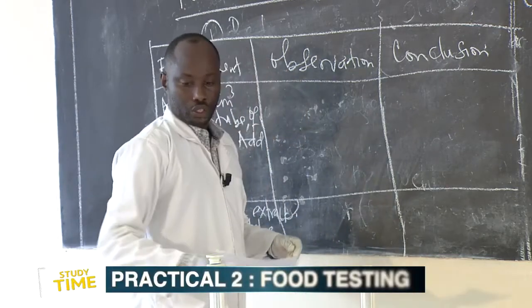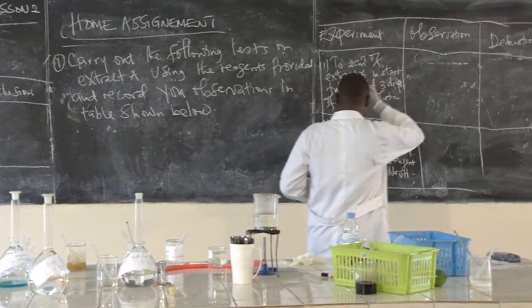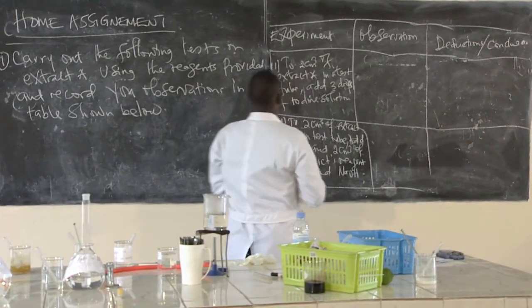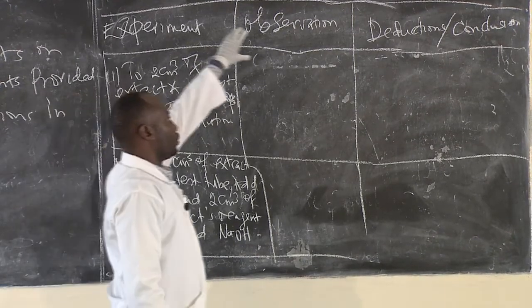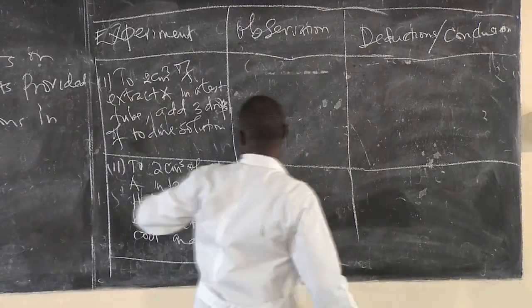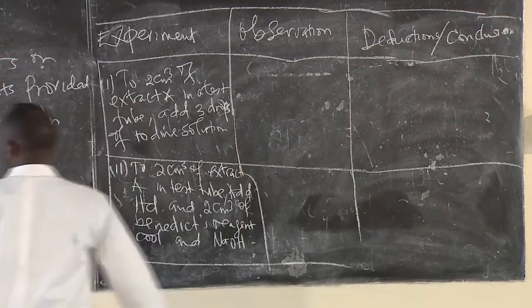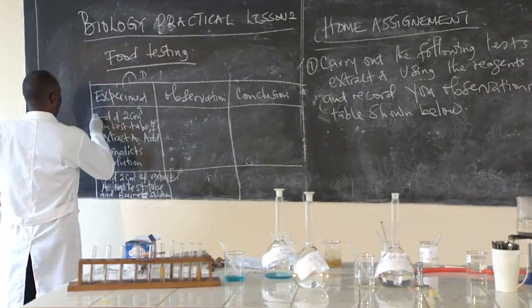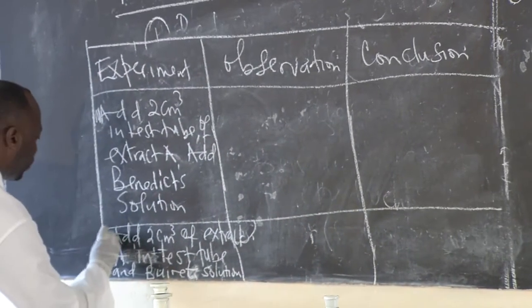So you can see there are 3 experiments. This is Roman 1: you add this one, and you make the observation and the deduction. This is question 2: you do observation and conclusion. So experiment 3, Roman 3. You also do the same up to Roman 4.